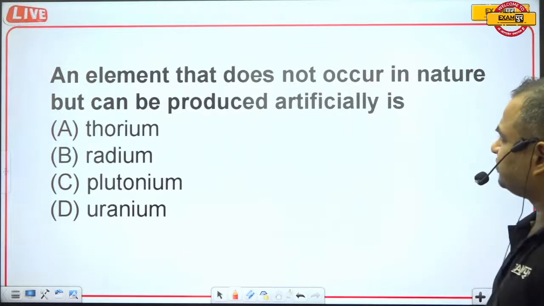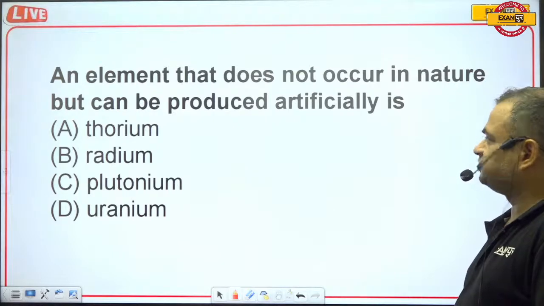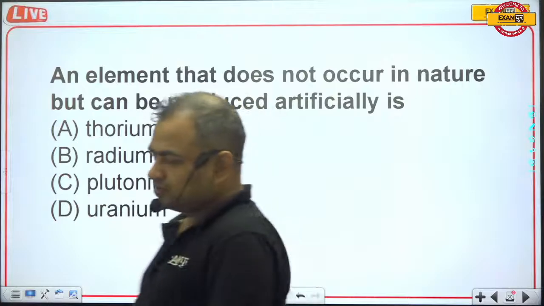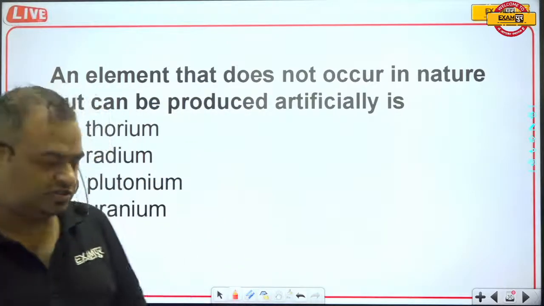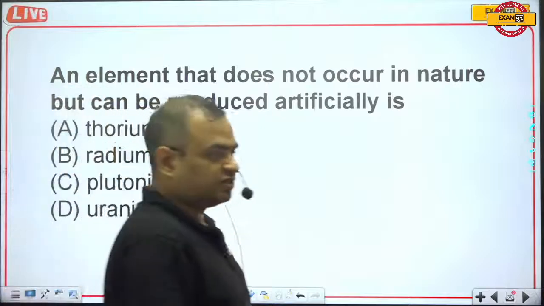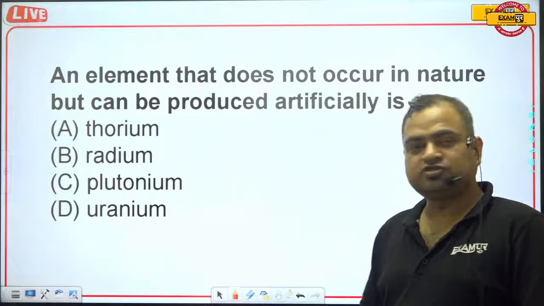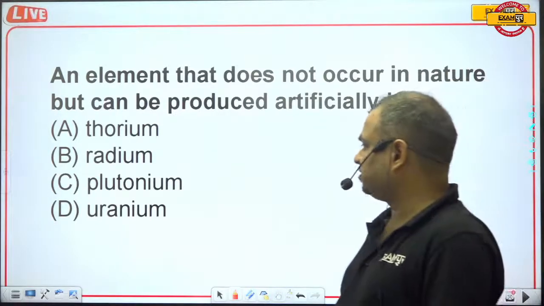An element that doesn't occur in nature but can be produced artificially is an element. Guys, nowadays another source of energy is being used, and that is nuclear energy. Nuclear energy uses the radioactive element uranium.